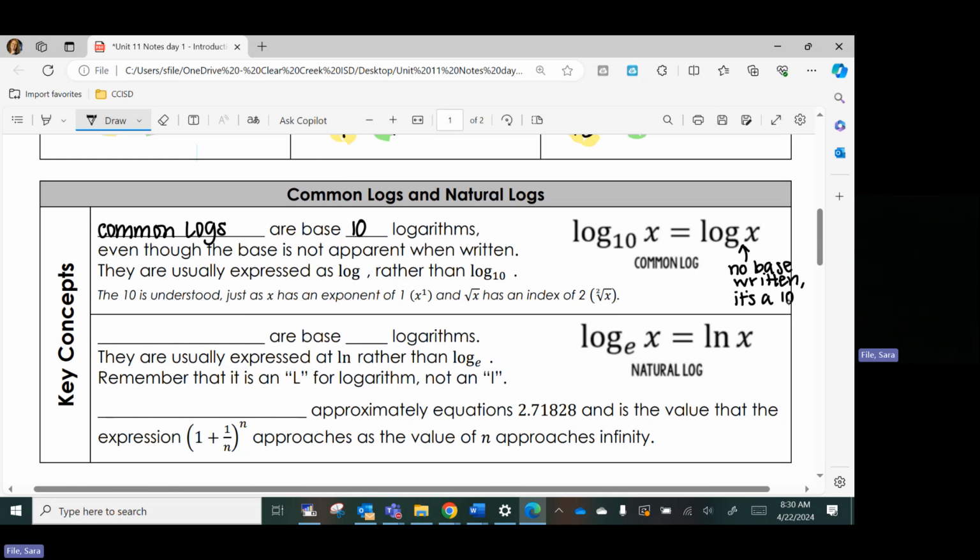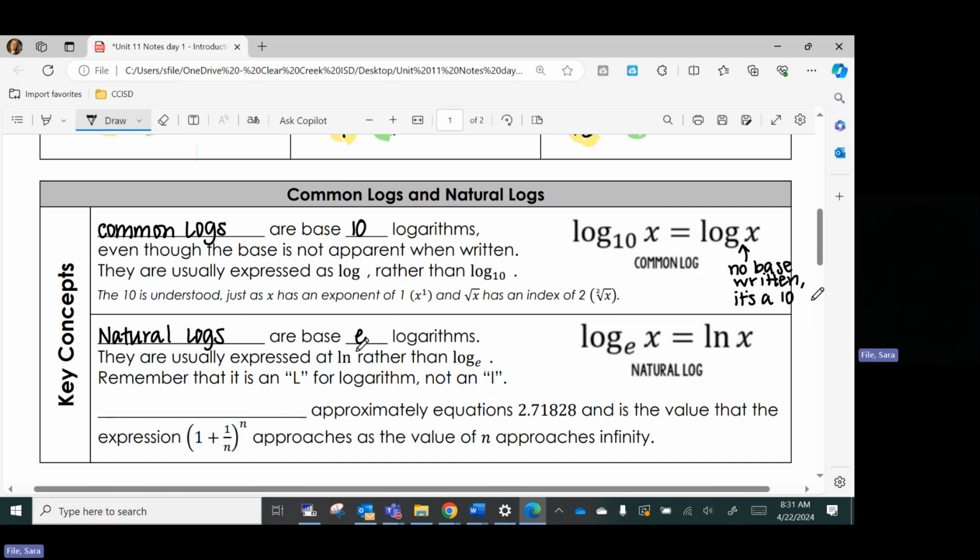Now, your natural base, e, is what we call a natural log. So natural logs are base e logarithms, and they are expressed as ln rather than log base e. Okay, so they have a special abbreviation.